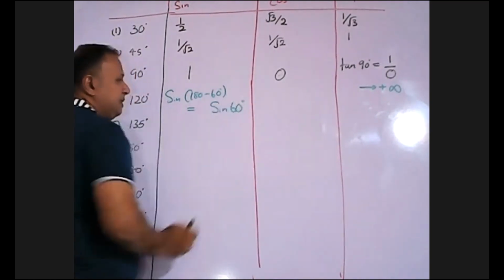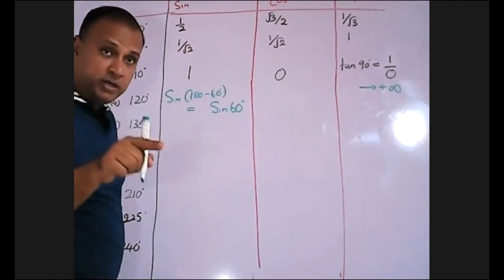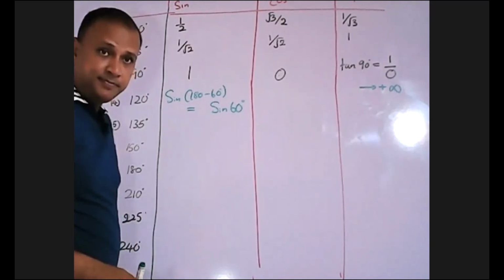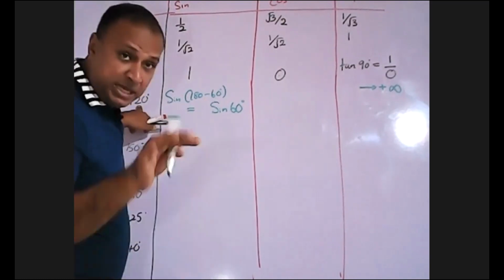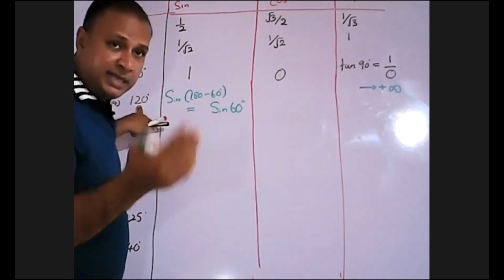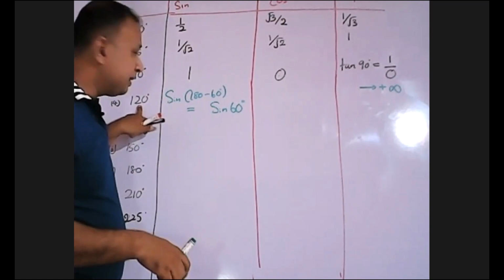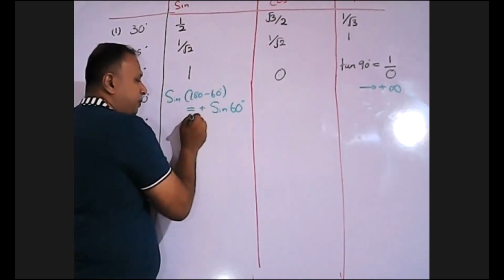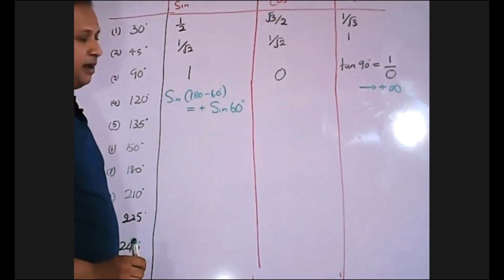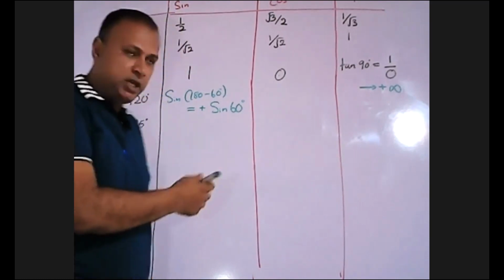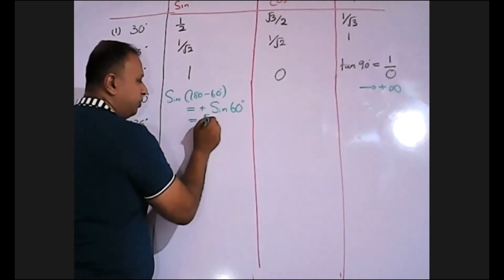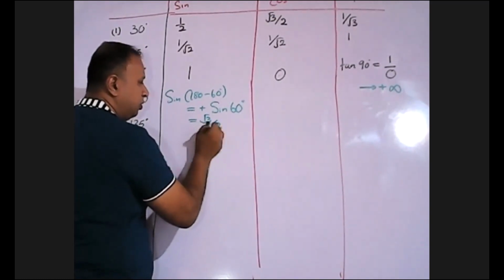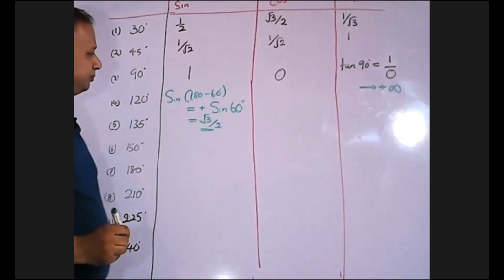It is equal to sine 60. Then you have to determine the plus or minus of this one. 120 belongs to the second quadrant. In the second quadrant, sine values are positive. Therefore, this is a positive value. Now you know the value of sine 60, you can apply that one. This is equal to root 3 over 2.